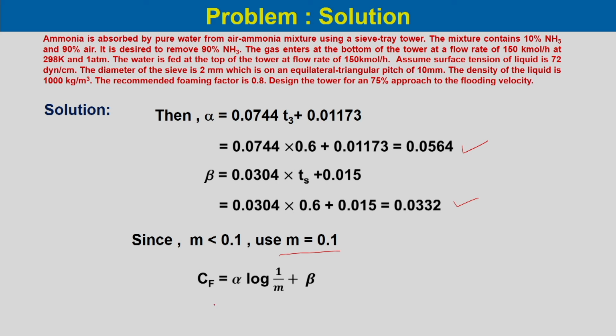So, Cf would be equal to alpha log 1 by m plus beta. Beta and alpha we have calculated, and m we can use as 0.1. So, Cf we can calculate is about 0.0896.